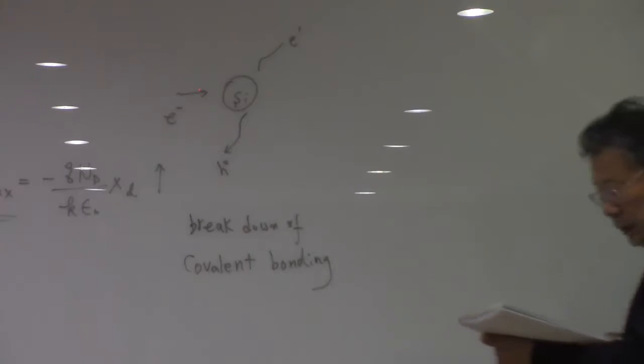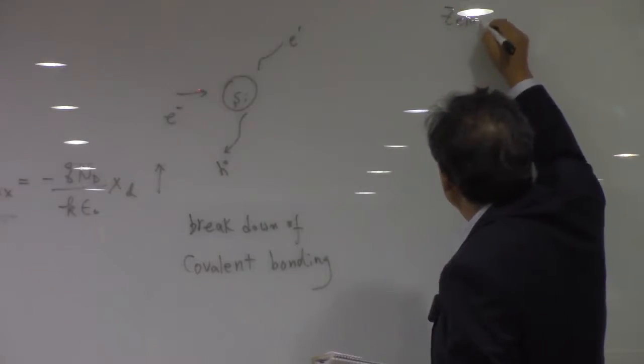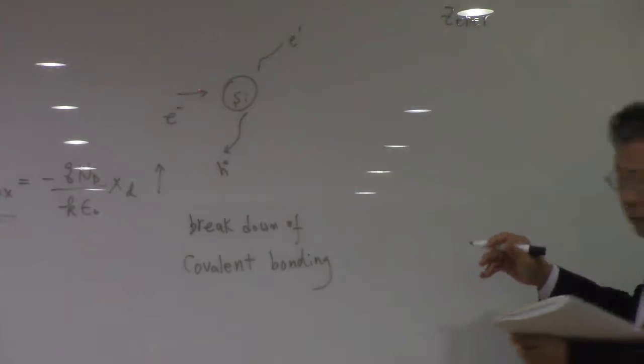That is the avalanche breakdown, and the Zener breakdown is the generation of electrons and holes at the space charge regions.